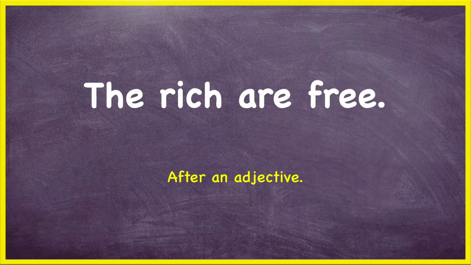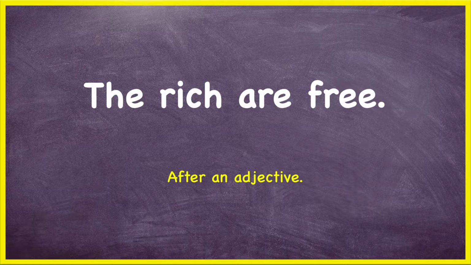All right, after an adjective. Here, we're omitting the noun in both places, right? So the rich are free. Now, what do we mean? Well, we're almost certainly talking about people, right? Because who's rich?